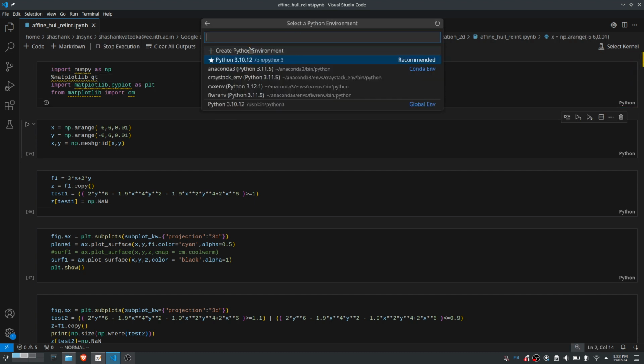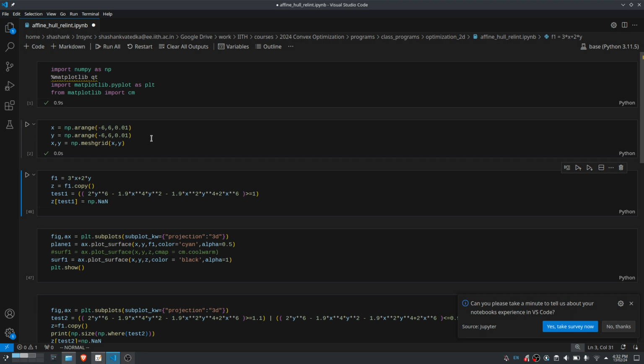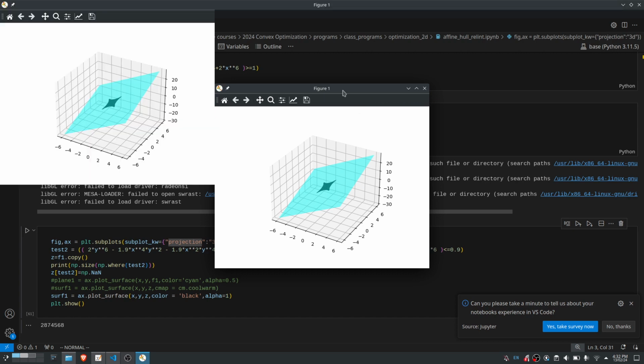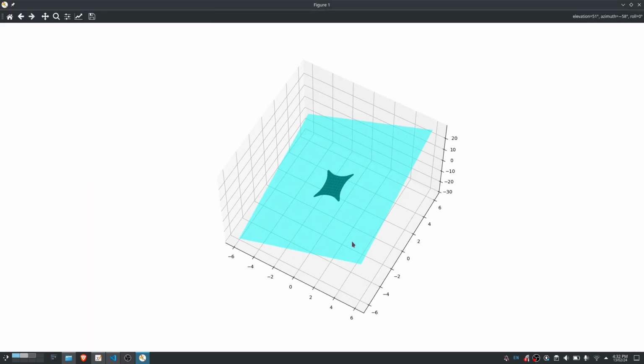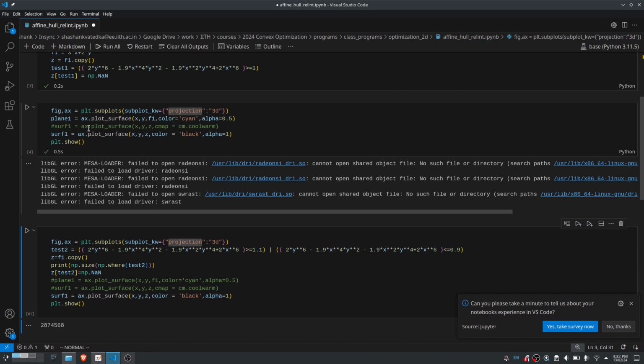Let's take the following. Let's consider this weird looking set over here, which is dark. Let's try to plot that separately.